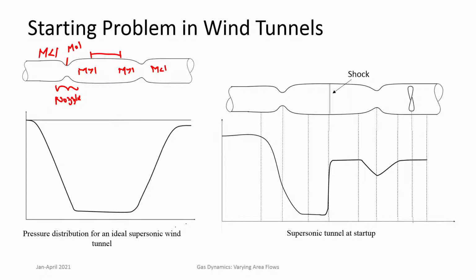If this diffusion is ideally carried out without any shocks, then Mach number here should be equal to 1. This is the ideal case.